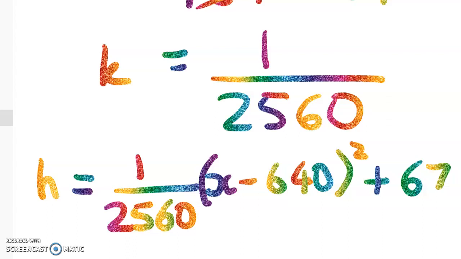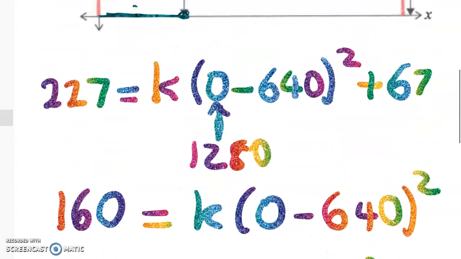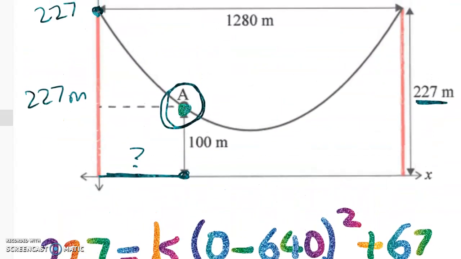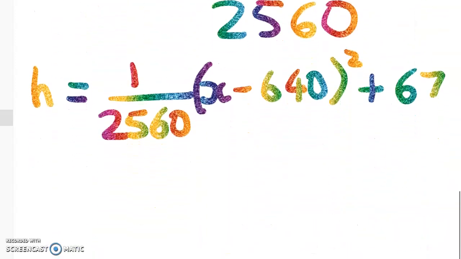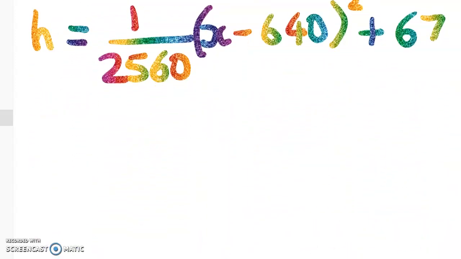Not really very much work so far, and neither is the next bit. All we have to do now is say, when y is equal to 100, what is the x value? So I'm solving a very simple quadratic. 100 is equal to this.